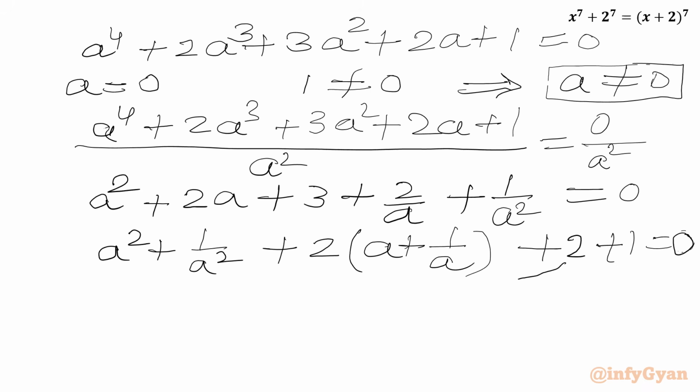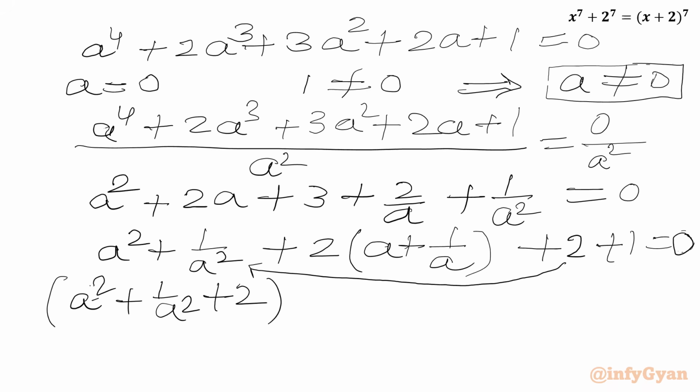Now I will take this 2 here. So it will become a square plus 1 over a square plus 2, so that it will complete the square of a plus 1 over a, plus 2 times a plus 1 over a, plus 1 equal to 0.